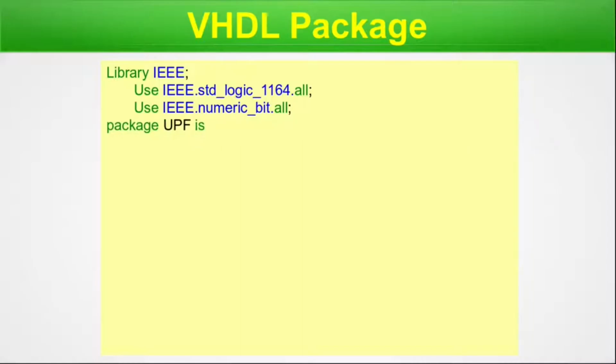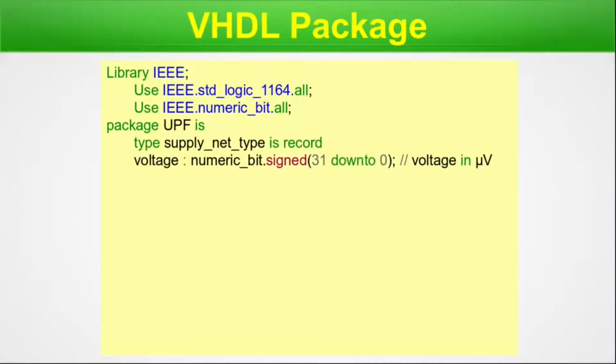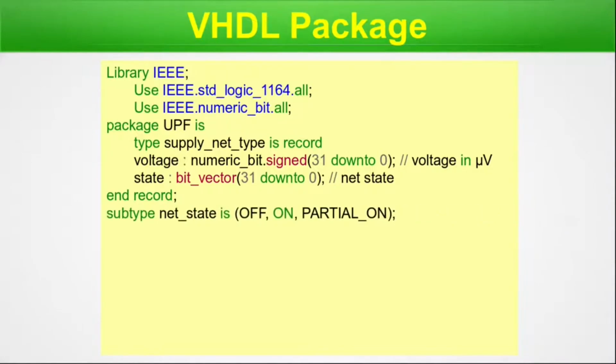And then we write the package in UPF: type supply net type is record, and then we write voltage, the numeric bit, the type is signed, and the bus size is 31 down to 0, and the voltage in microvolt is the unit. So state is again the bit vector, that is 31 down to 0, and the type is net state. And we end the record here.